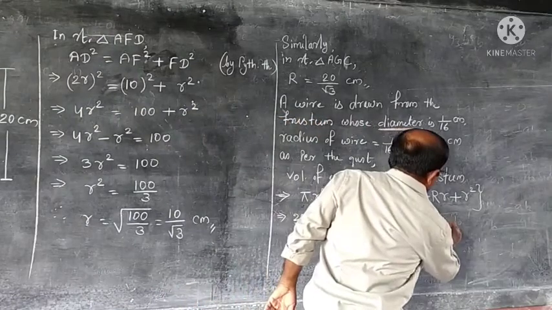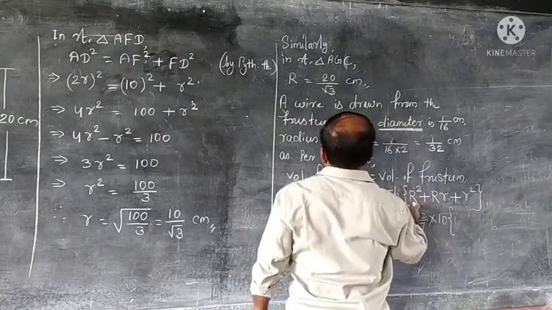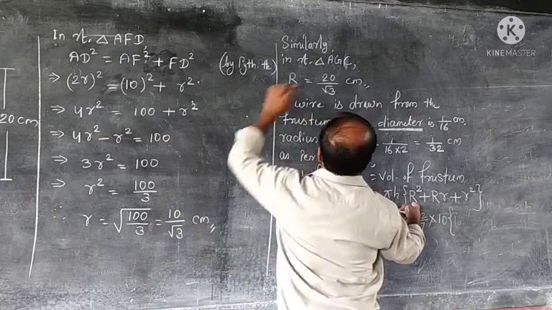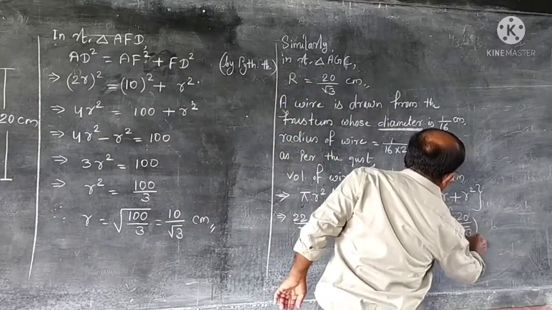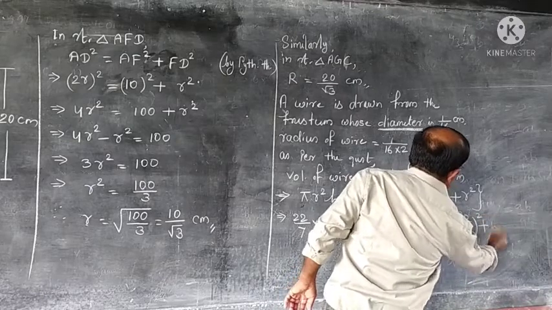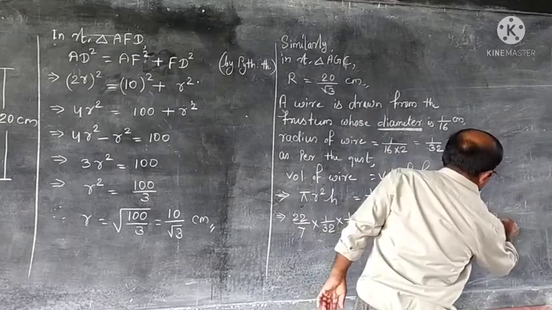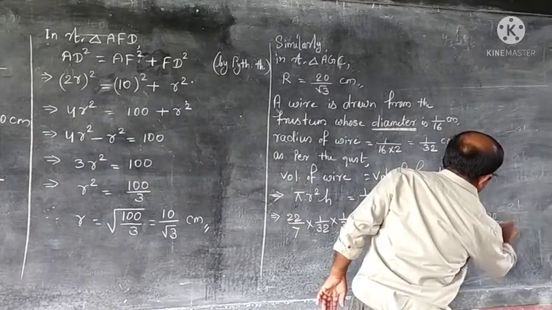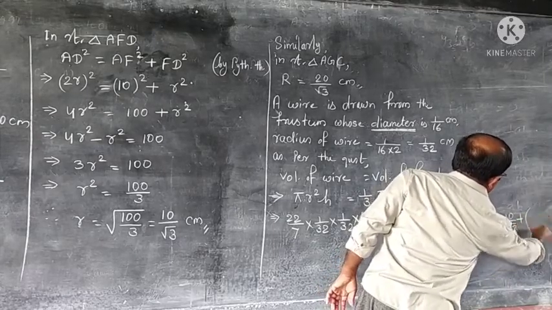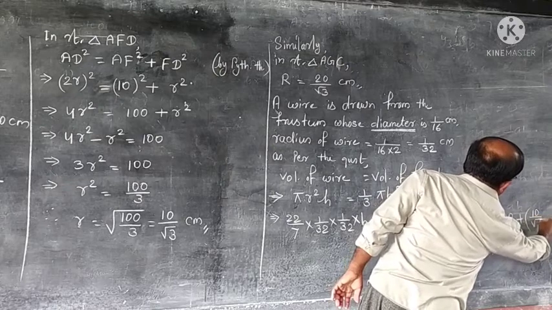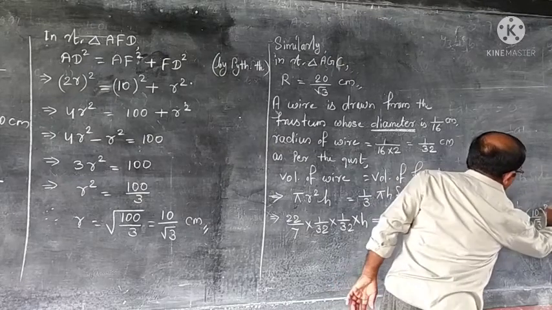So 10 into smaller, bigger end radius 20 by root 3 squared plus 20 by root 3 into 10 by root 3 plus 10 by root 3 squared.